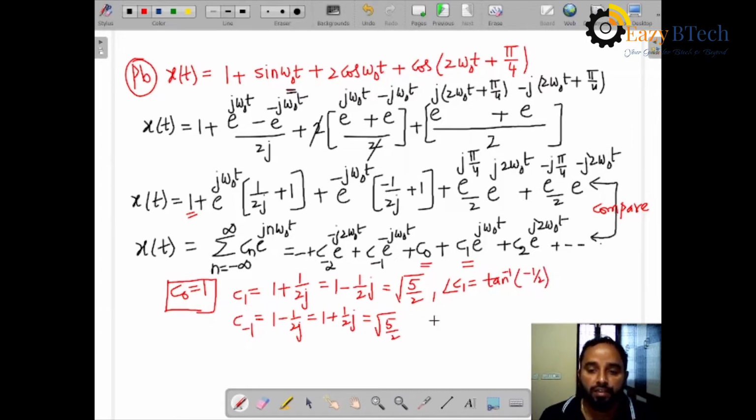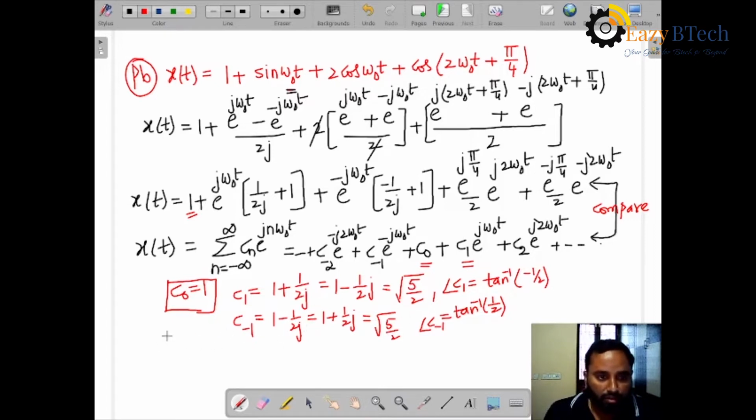For the angle of C minus 1, in the same way, tan inverse of imaginary part by real part: the imaginary part is 1 by 2 and the real part is 1, so tan inverse of 1 by 2, a positive phase. I am telling magnitude and phase both because we are going to plot the magnitude spectrum and phase spectrum. That is why we are discussing.